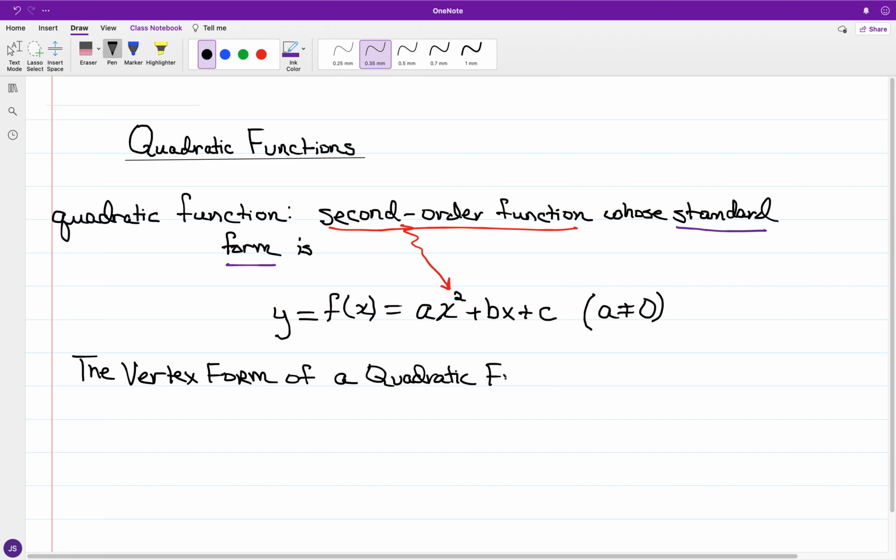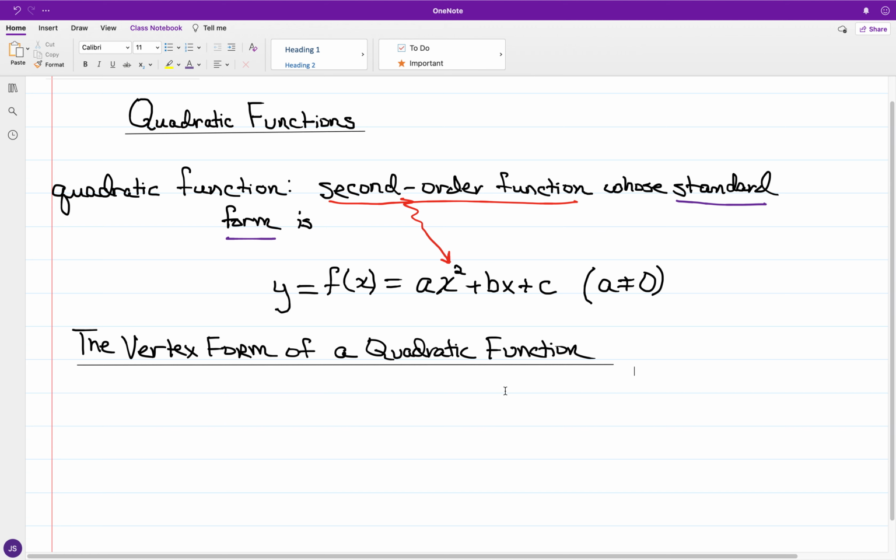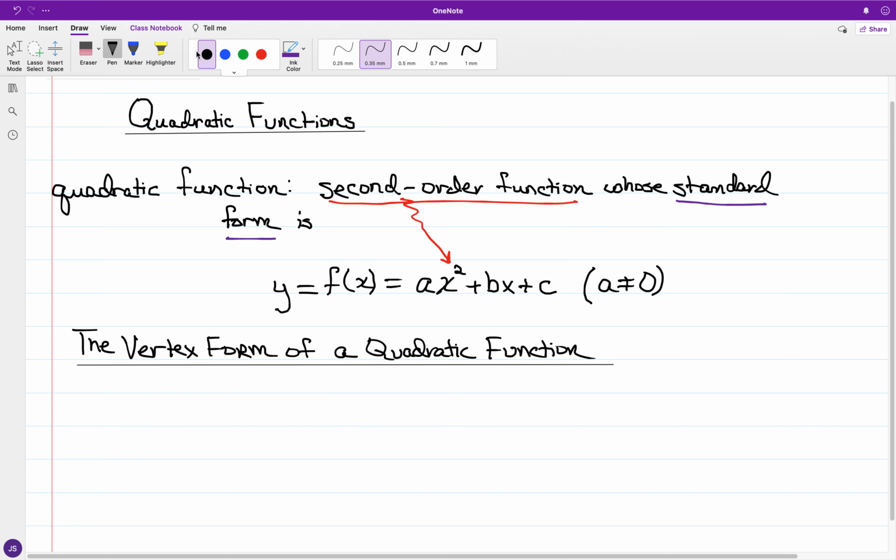Now for the vertex form of a quadratic function, we're still looking at the same y and f of x. So you have y is equal to f of x is equal to a times the quantity of x minus h raised to the second, followed by the addition of k.